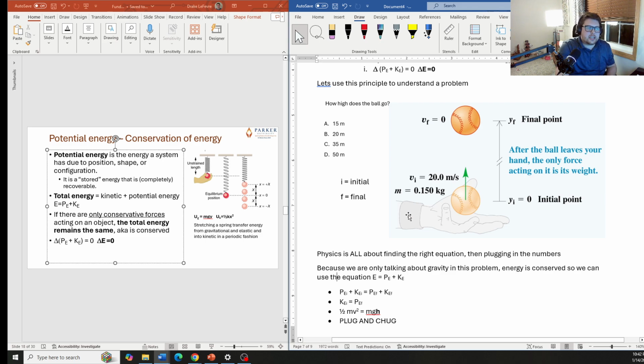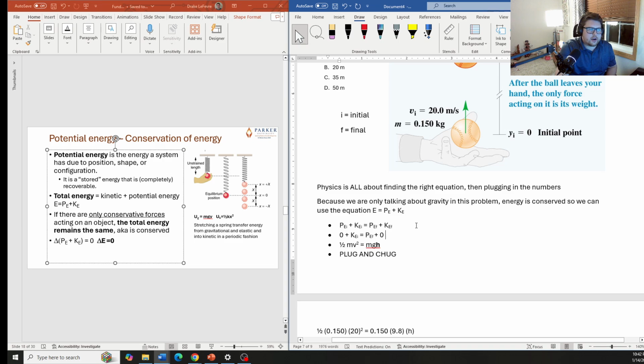All of the energy is kinetic. So it is 0 plus the kinetic energy. And at the very, very top, we also know that our kinetic energy is 0 because it's not moving. The velocity is 0, so we got nothing up there.